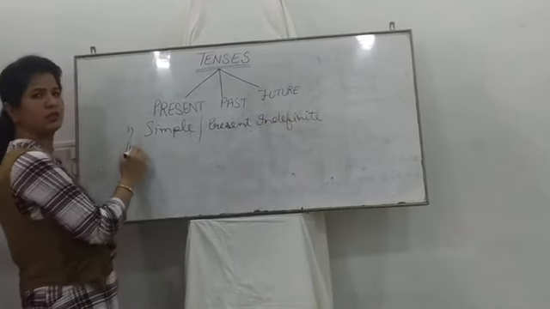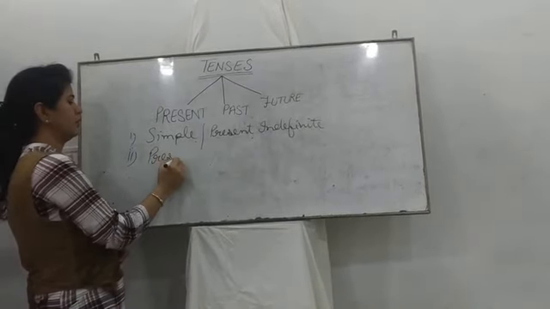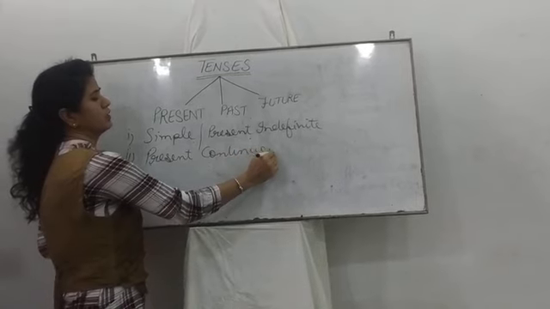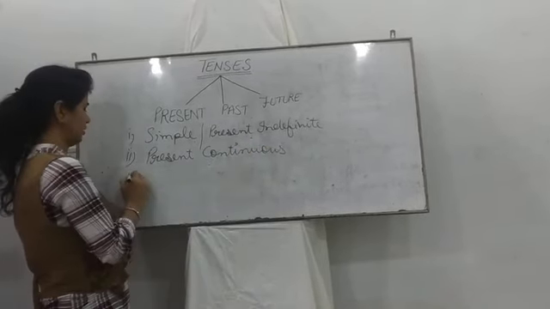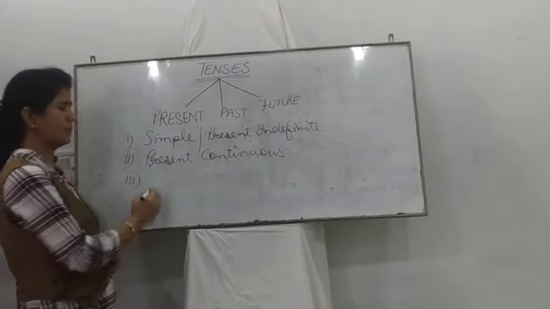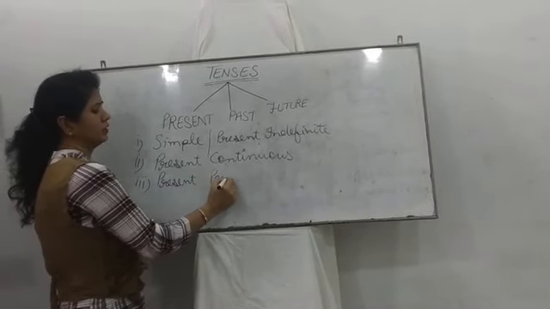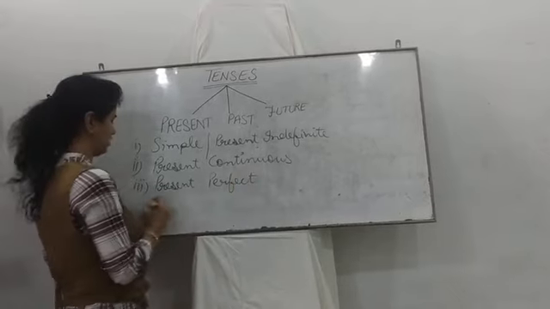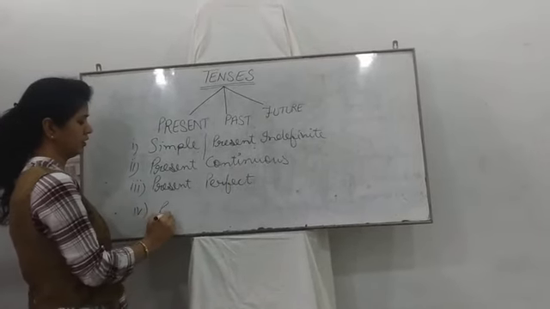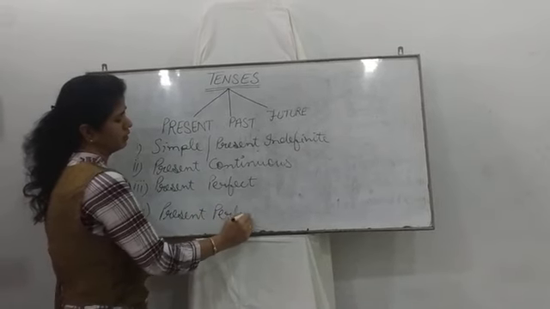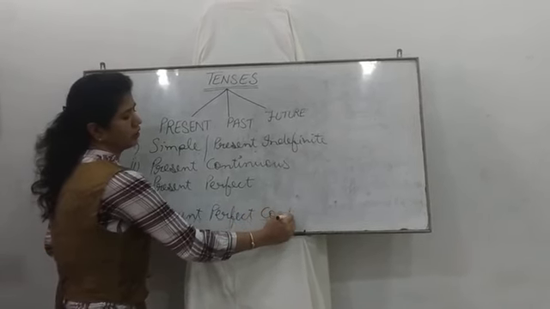Second one is present continuous tense. And the third one is present perfect. And the fourth one is present perfect continuous tense.